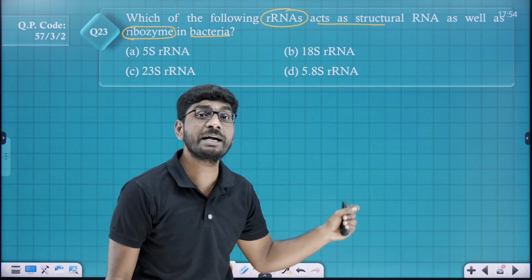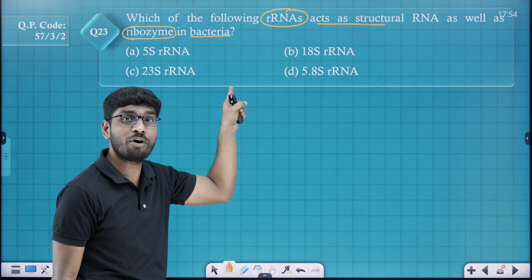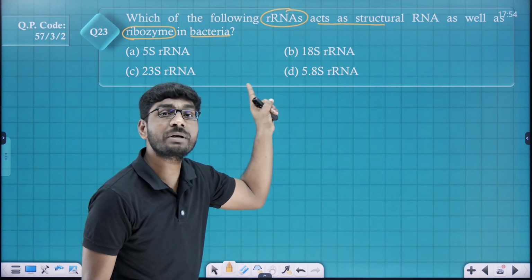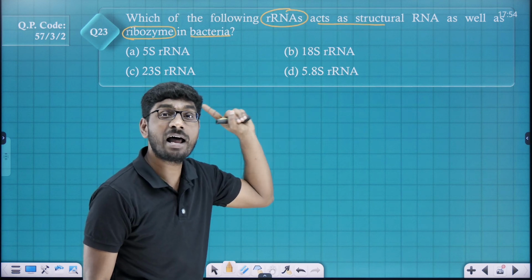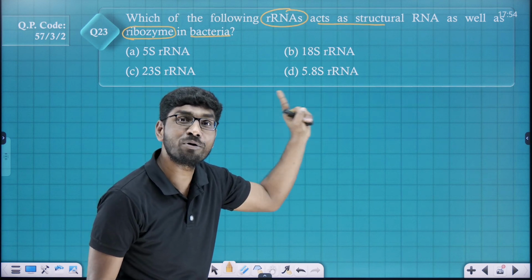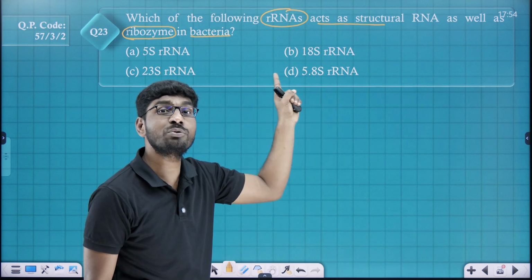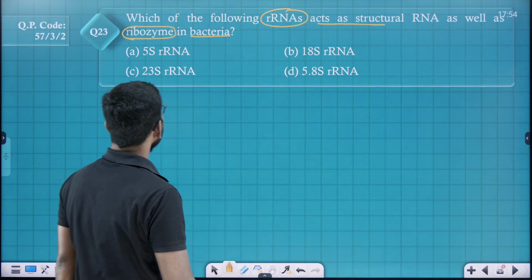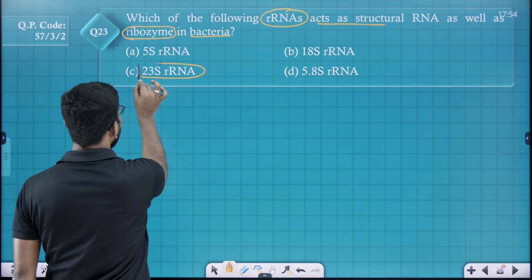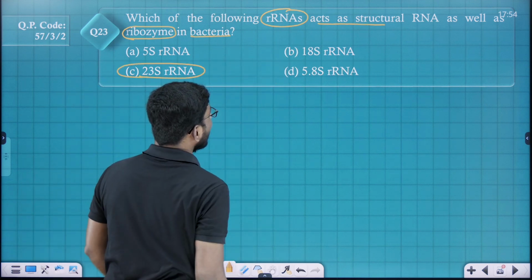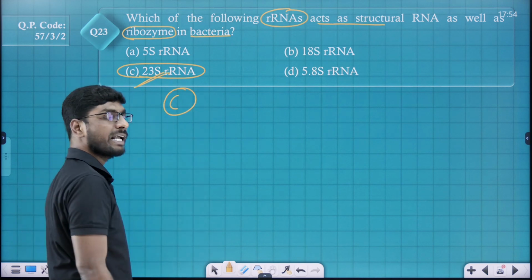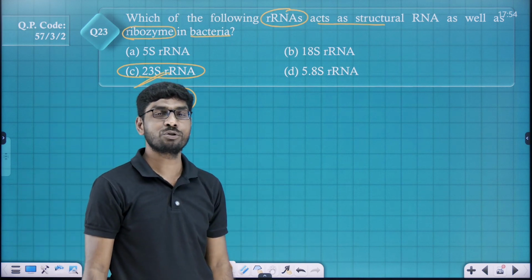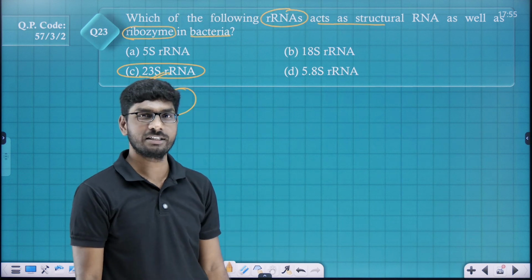It is important for the formation of peptide bonds during the translation process in the large subunit of the ribosome. So 23S rRNA. Tell me, rRNA acts as a structural RNA and a ribozyme. So option C is the correct answer.